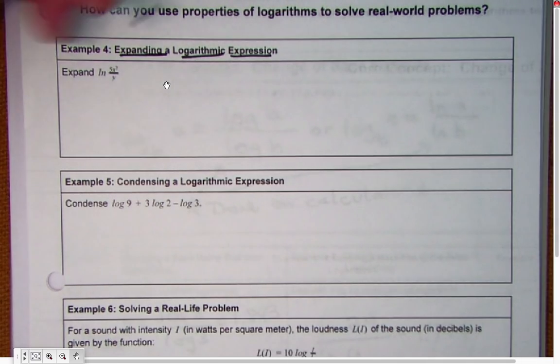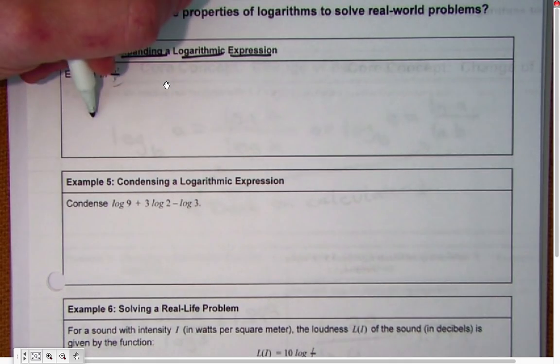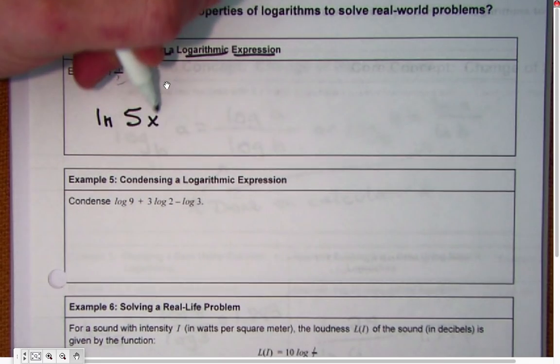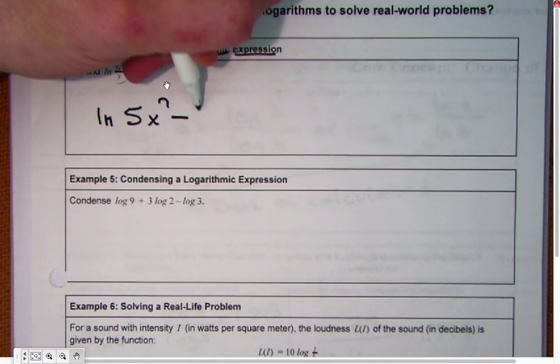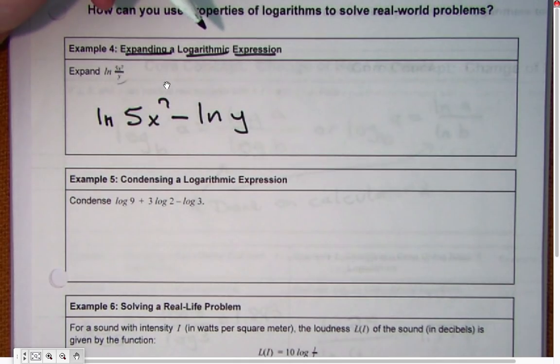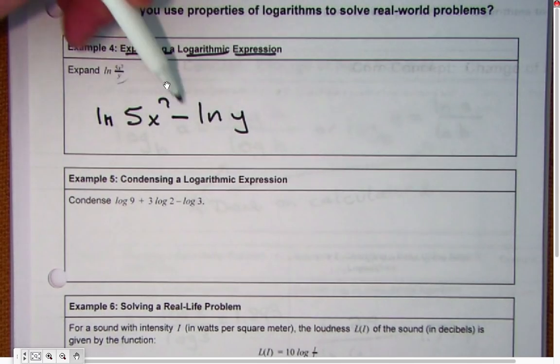So the first thing I want to do, because I have a division here, division means subtract. So I want to take the natural log of the numerator, 5x to the 7th, and subtract off the natural log of the denominator. So that's my first step. This one is all taken care of, but I have to work here some more.